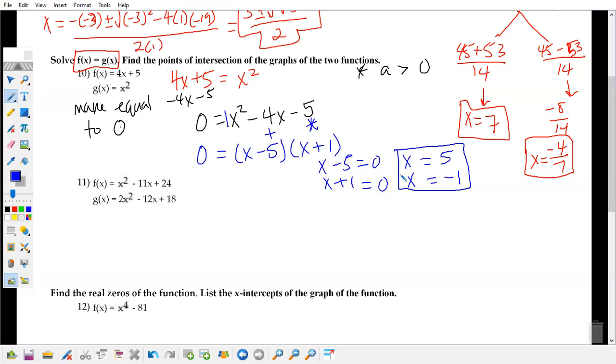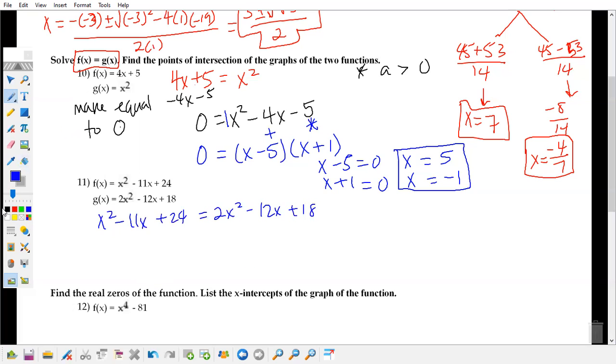Okay. Number 11 is an example of two quadratics and finding the intersection of those two quadratics. We're going to do it together because the first one was a quadratic and a linear. Now we're going to do two quadratics and find their intersections. To find the intersection, again, the key thing is to set them equal to each other. So we have x squared minus 11x plus 24 equals 2x squared minus 12x plus 18.